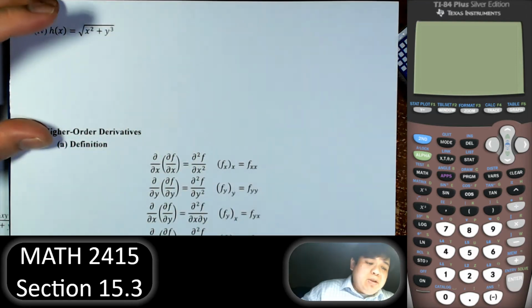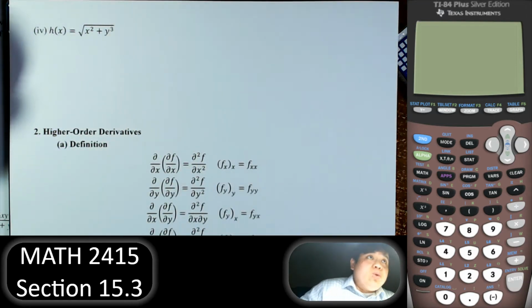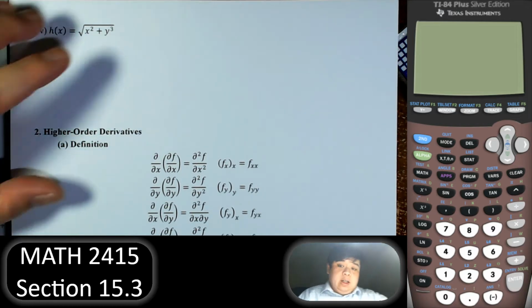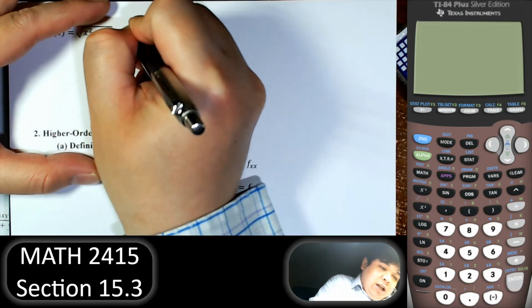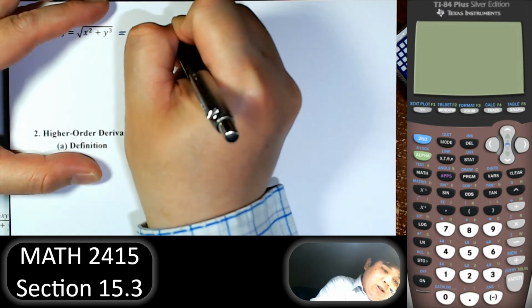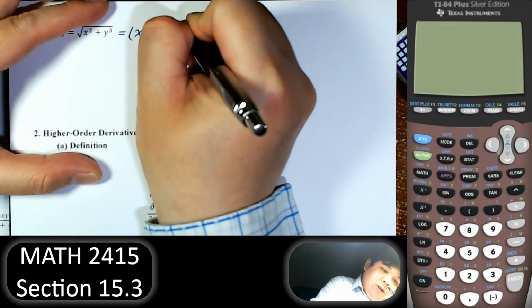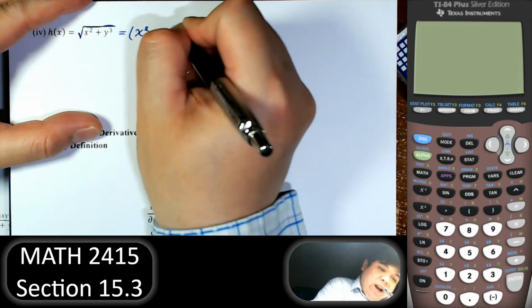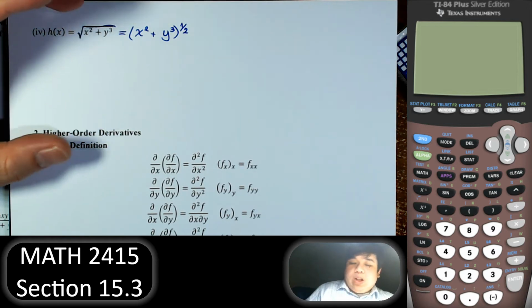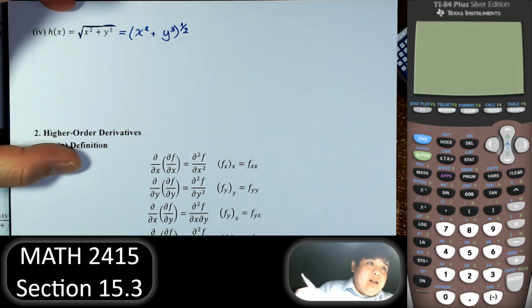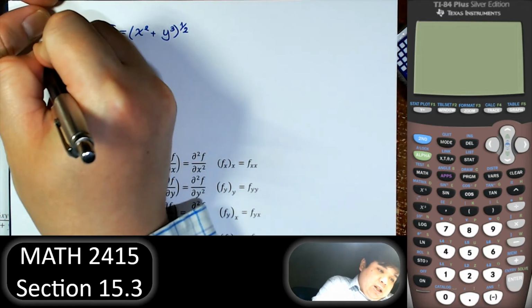Certainly we can just keep the square root, but usually when we have a square root or reciprocal function, we can rewrite it so we can use the power rule. Square root is equivalent to the 1/2 power. Once we write it like that, derivative with respect to x and with respect to y will be easily determined.